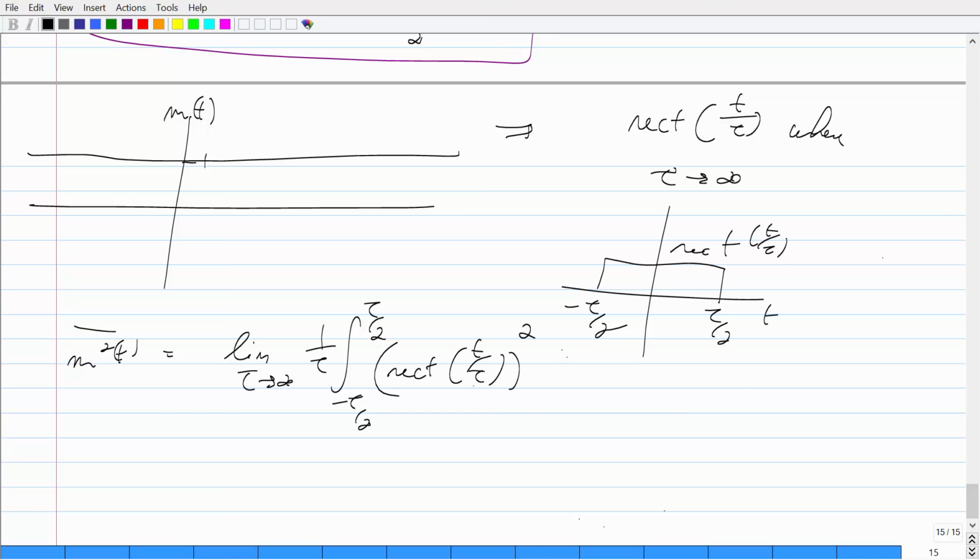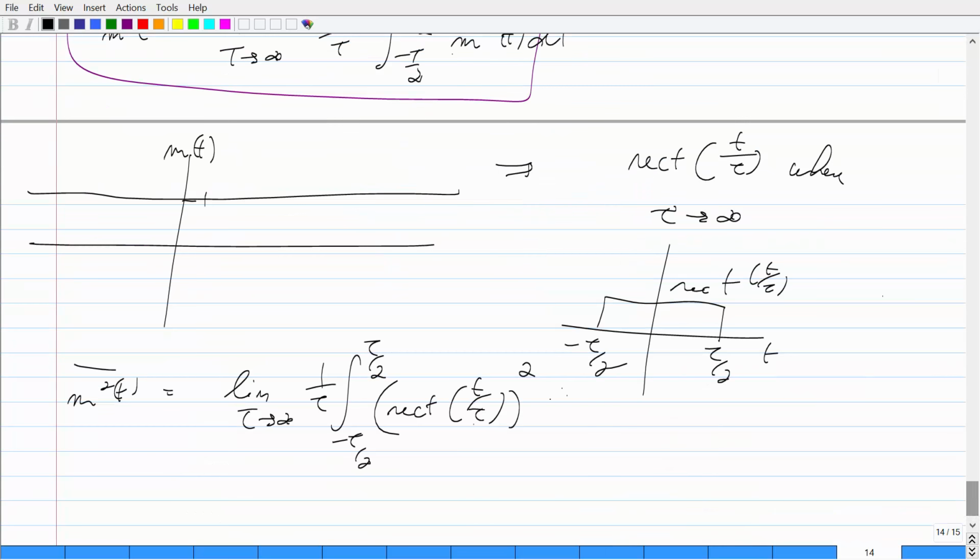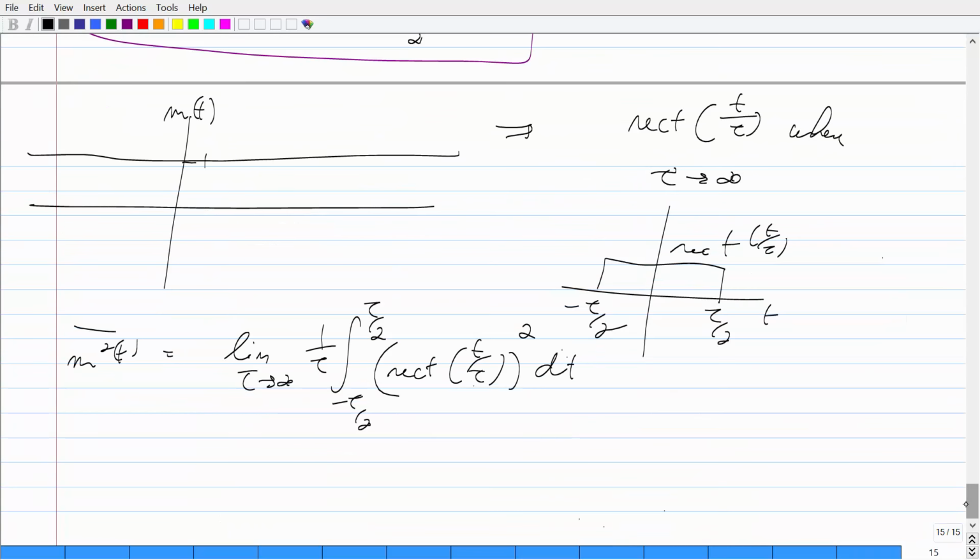And I'm going to square this. Also, this should be dt, sorry. I'm doing it with respect to t. This is defined between minus tau over 2 and tau over 2. In that case, the height is just going to be 1, and it's also just going to be squared. So actually, you can just replace this.